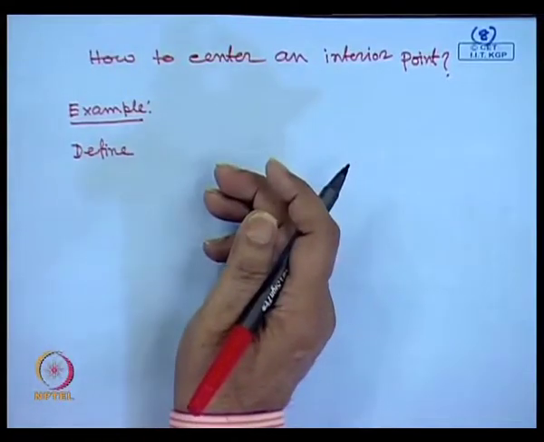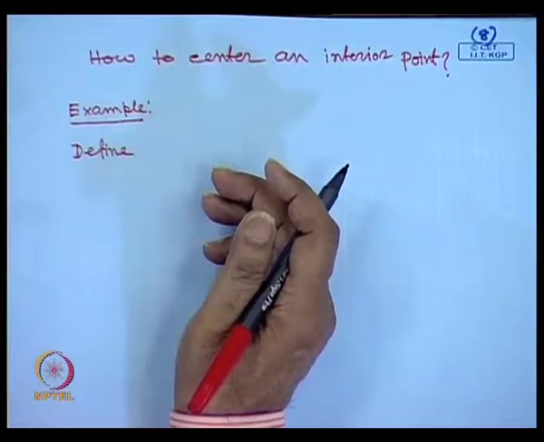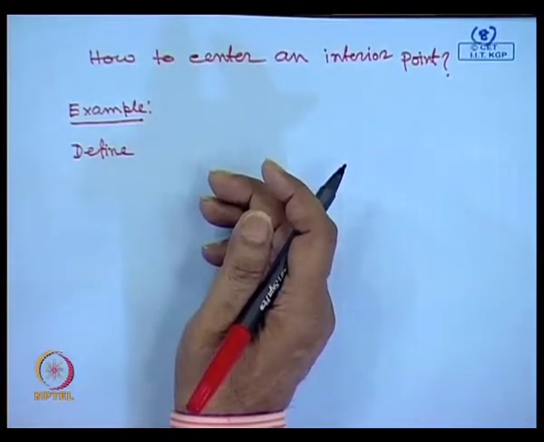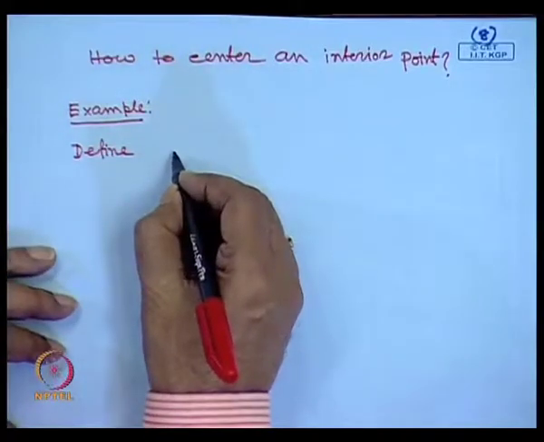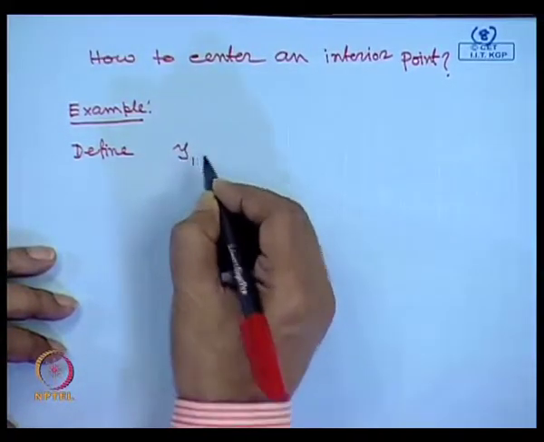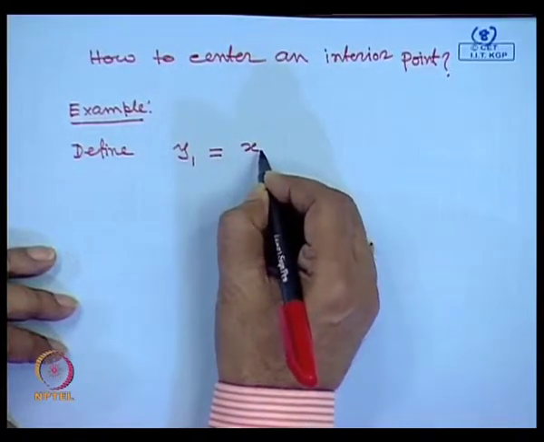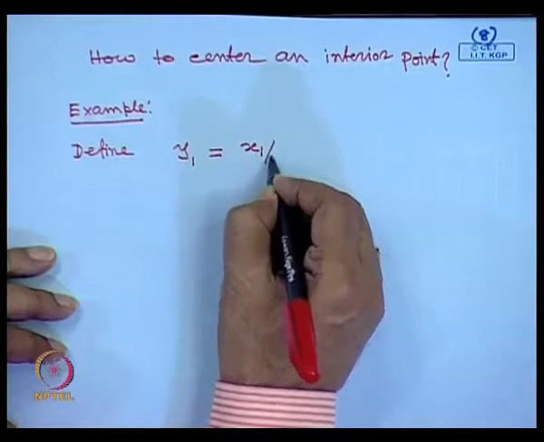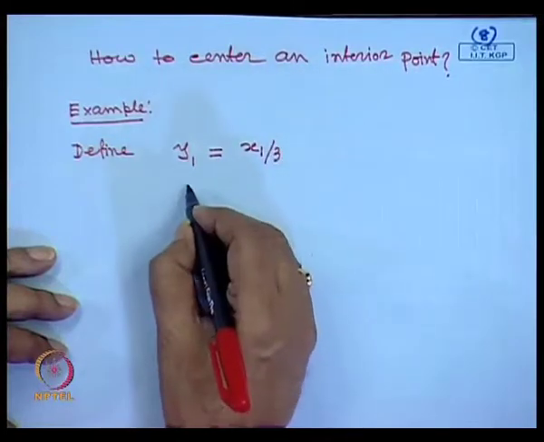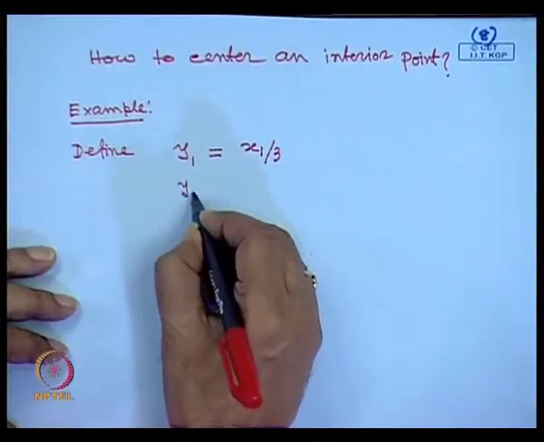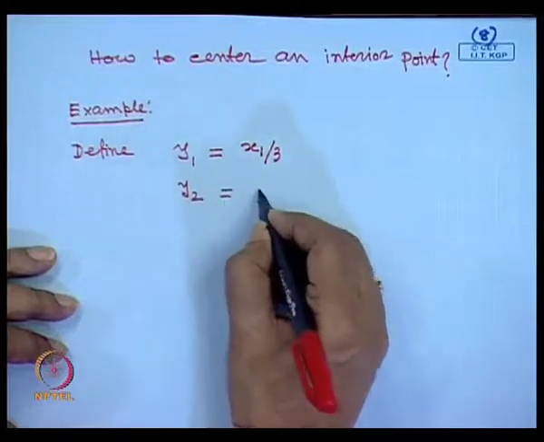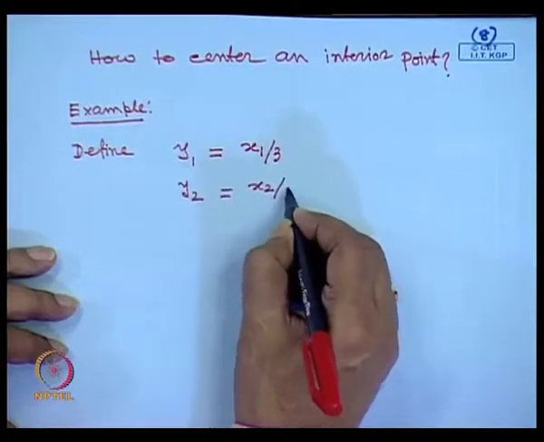After that transformation, you will get a new coordinate axis and that point should be equidistant from the transformed coordinate axes. So, we define the new coordinate y1 equal to the old value x1 divided by 3, then the coordinate y2 is x2 divided by 1.